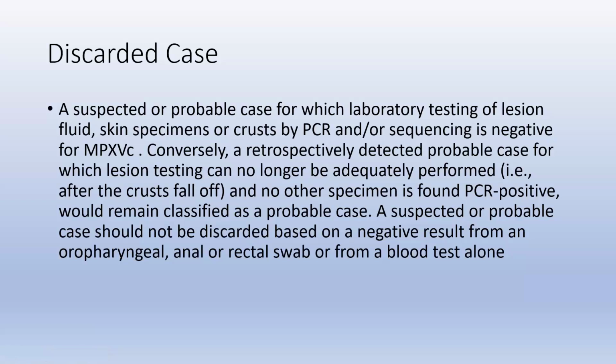A retrospectively detected probable case for which lesion testing can no longer be adequately performed, where the lesions and crusts have fallen off and you cannot find a specimen for PCR testing, will remain a probable case. So if somebody was suspected, and by the time you are testing the patient you cannot get the lesions, that will remain a suspected case.